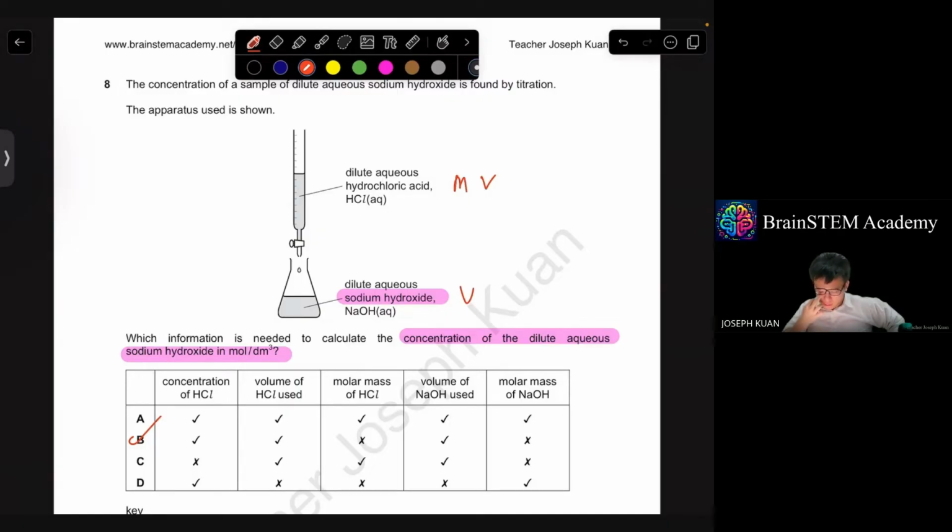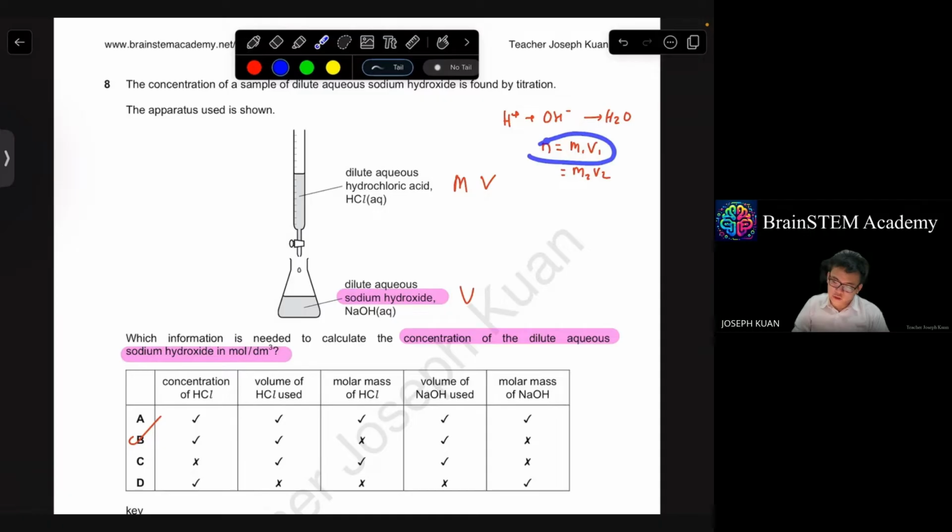Right, because the point being is this is about titration. It's about the hydrogen ions titrating hydroxide ions and neutralizing hydroxide ions straight into water. So in that case, it's mole dependent. For it to be mole dependent, the number of moles in a solution is equal to the concentration times the volume.